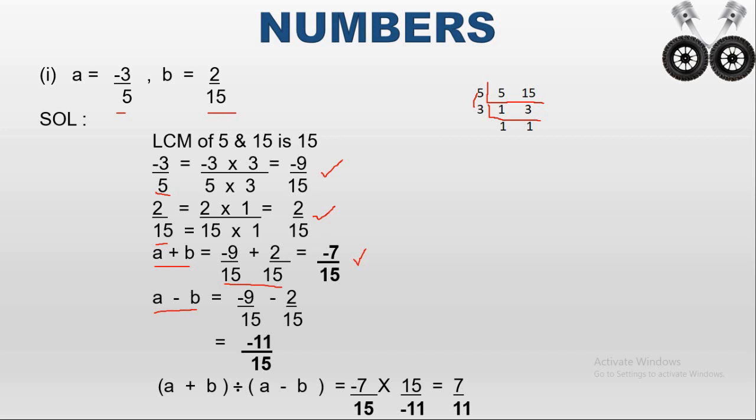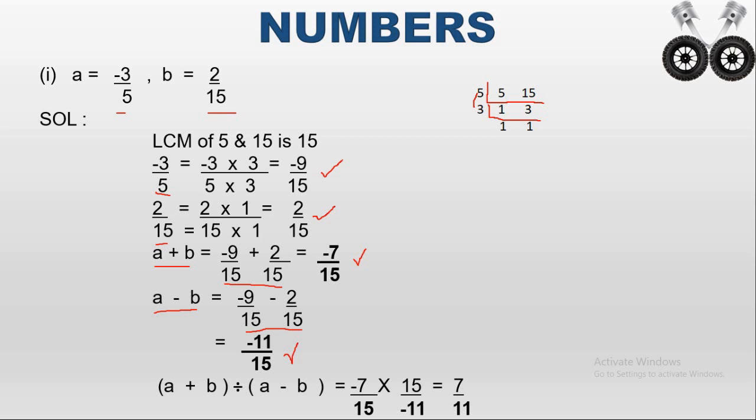So a value is minus 9 by 15 minus b value 2 by 15. Here the denominators are equivalent, so we subtract the numerators. Here the numerators have the same sign, the negative sign, which means you add and put the negative sign. So 9 plus 2 is 11 and the sign is negative. So the answer is minus 11 by 15.